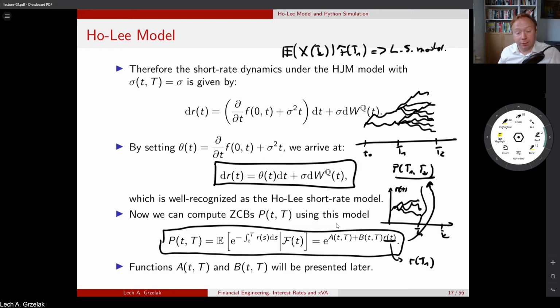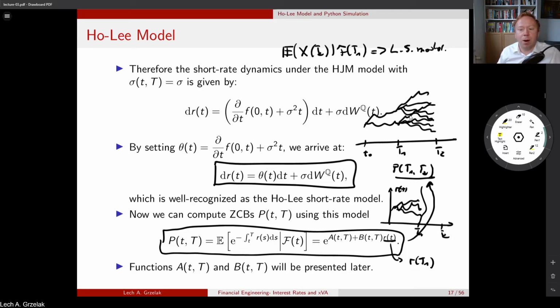But here, I would say, this is the most important equation. If you cannot represent your model in this form, if you cannot represent zero coupon bonds in this elegant way, and you always have to go via this conditional expectation, then your model will never be accepted as the market standard. This is something to keep in mind, because as you can imagine, here we just substituted the vector of paths in order to get the zero coupon bond P(t1, t2).